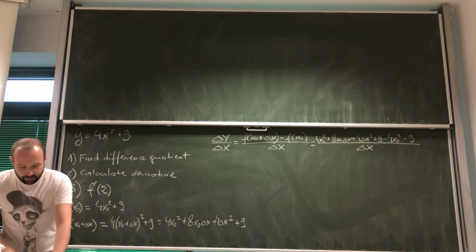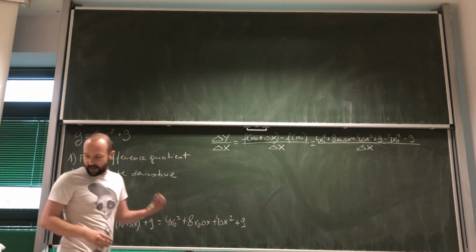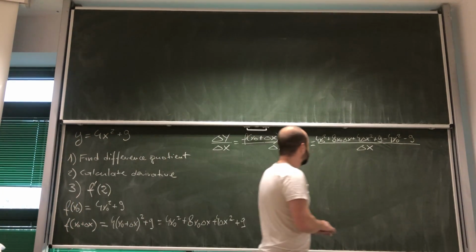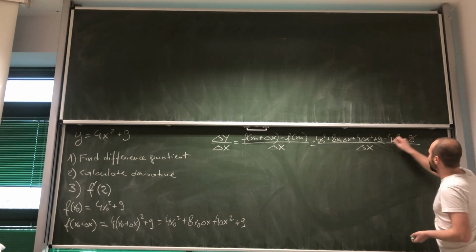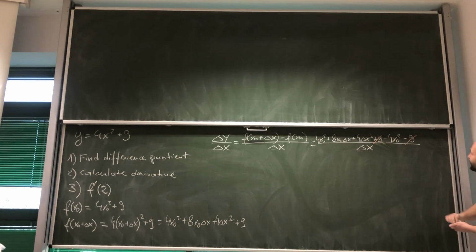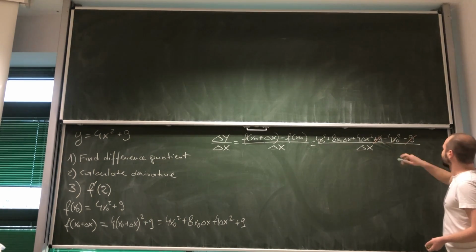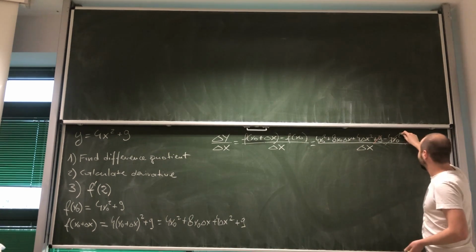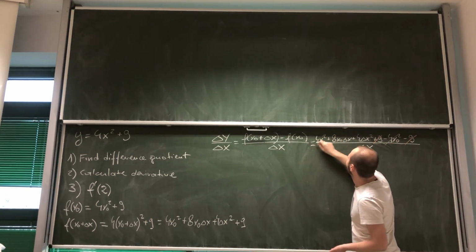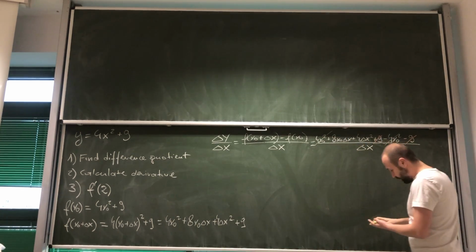Now we can look for expressions that will cancel each other out. We see here negative 9 plus 9. We see negative 4x0 squared and positive 4x0 squared.